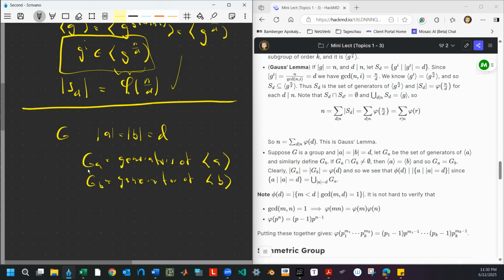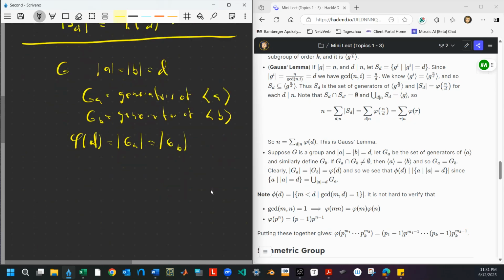In particular, we know that phi of D is equal to the size of G_A, and also the size of G_B.